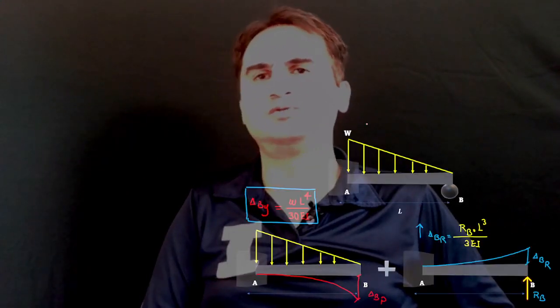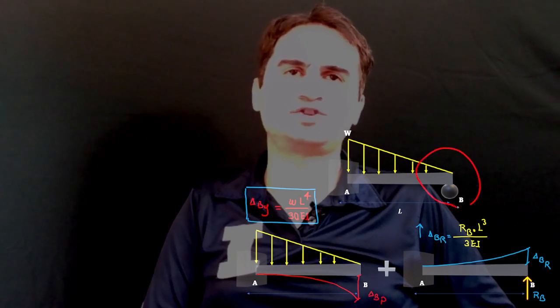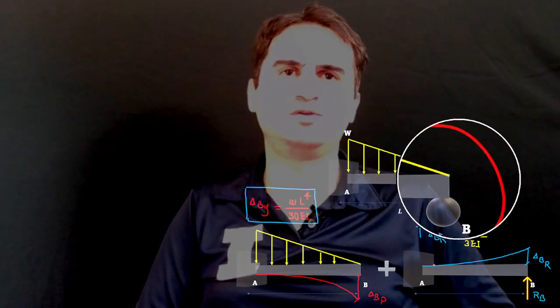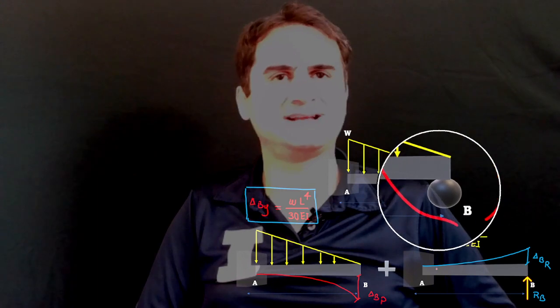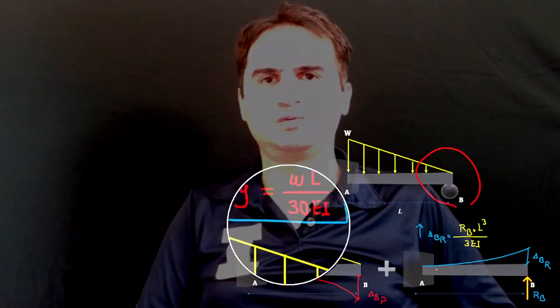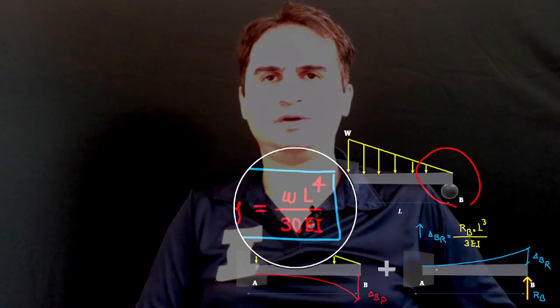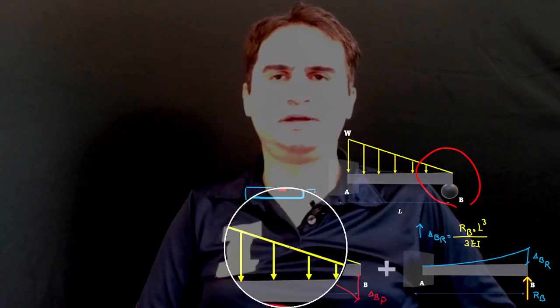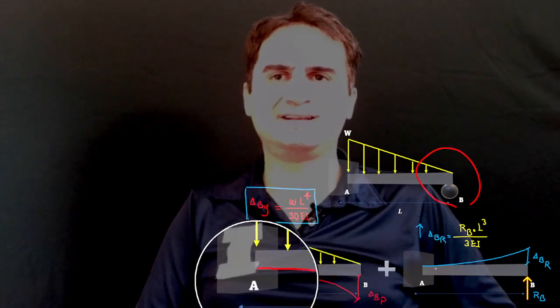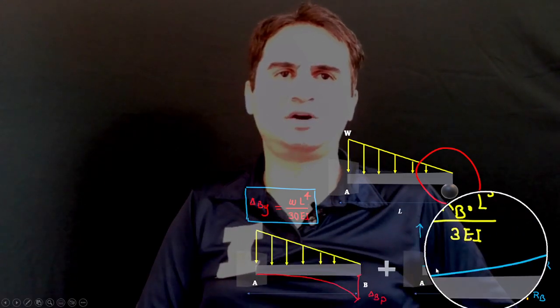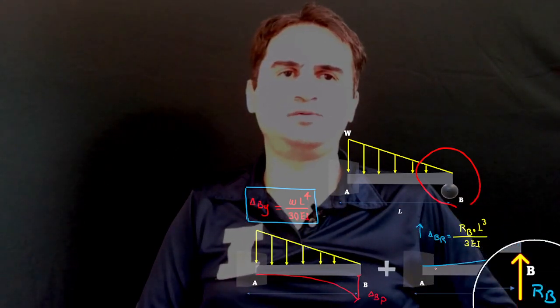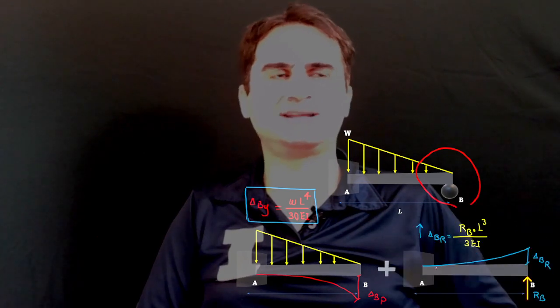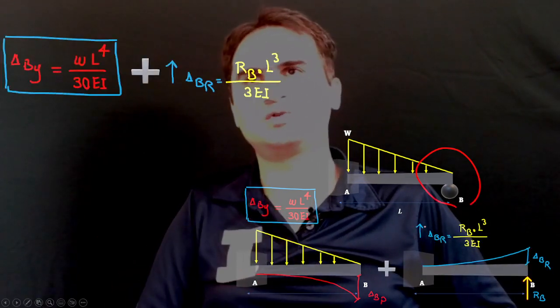These two, based on our real structure, should add to 0 because there is no real movement at the support. So this downward deflection of WL to the fourth over 30EI from the triangular load on the cantilever beam, plus RB L cubed over 3EI from the concentrated load at the end of the cantilever beam, should be 0.